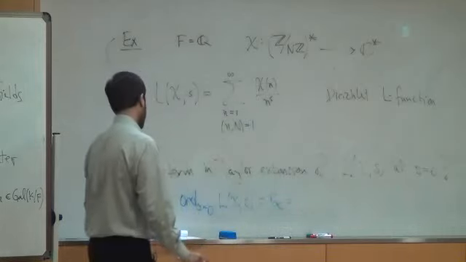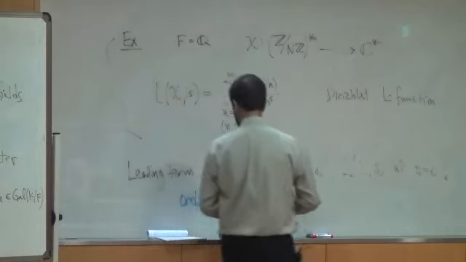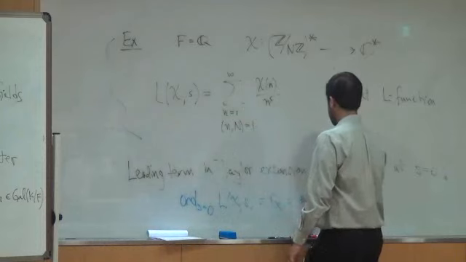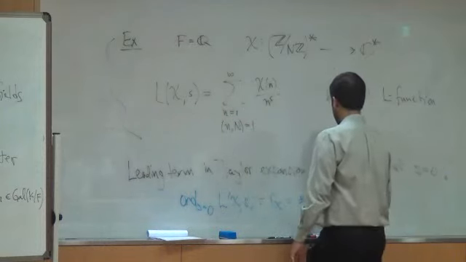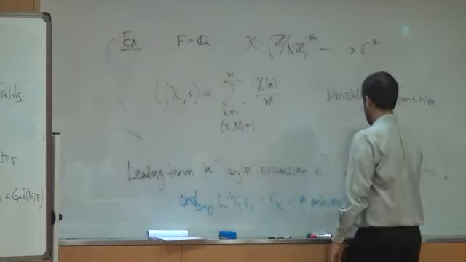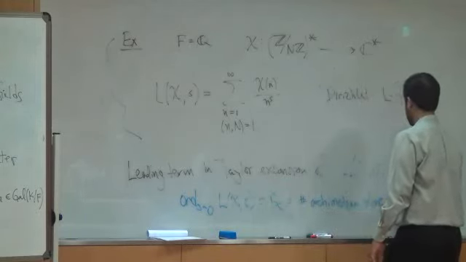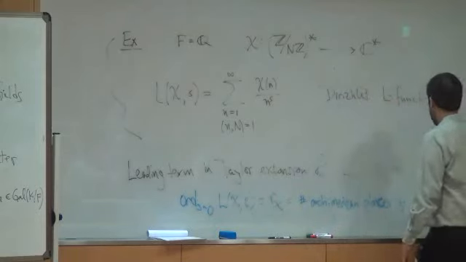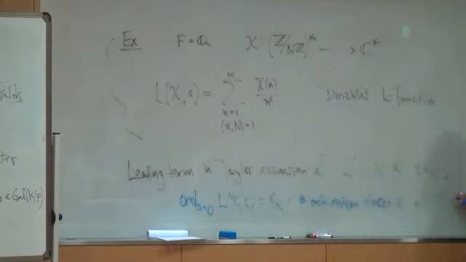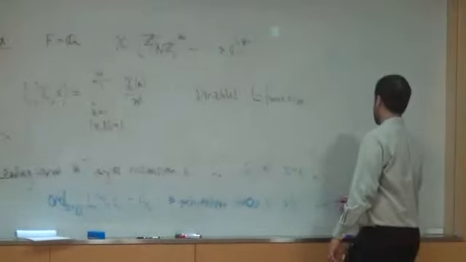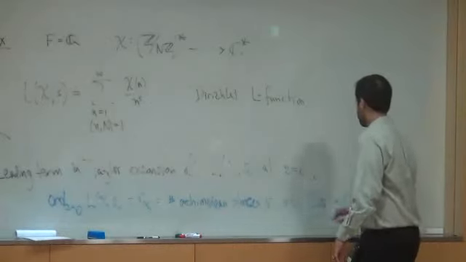It depends on chi. And it's the number of Archimedean places v such that the value of chi on the Frobenius of that Archimedean place is 1.